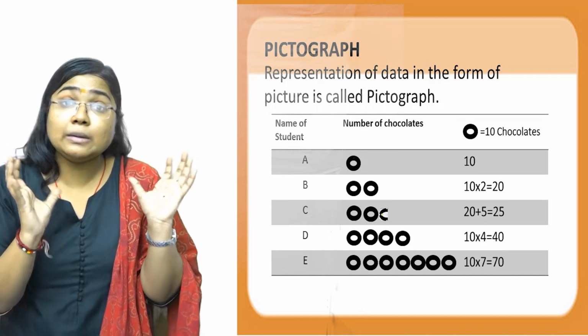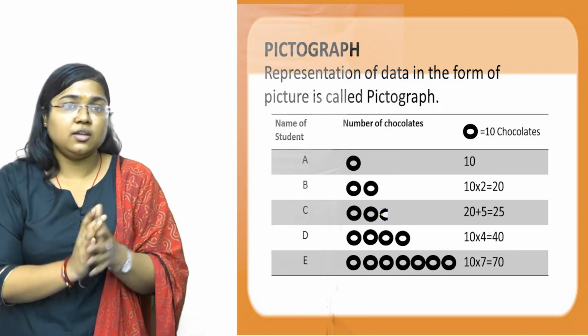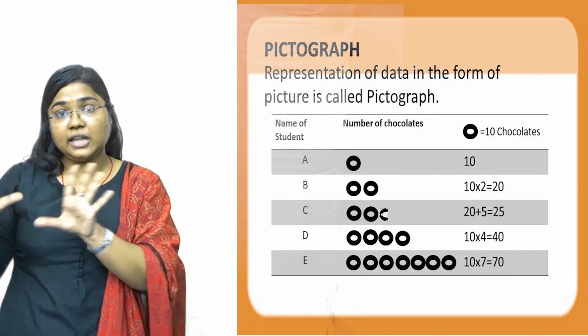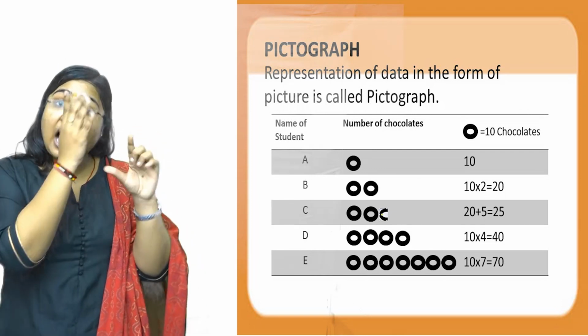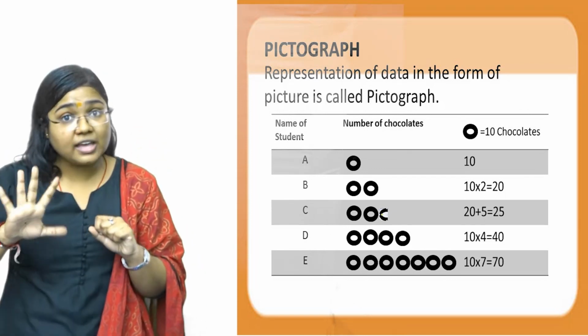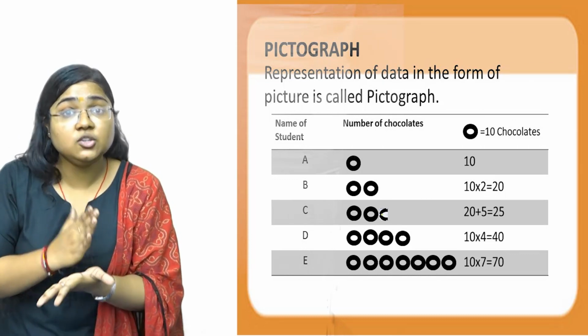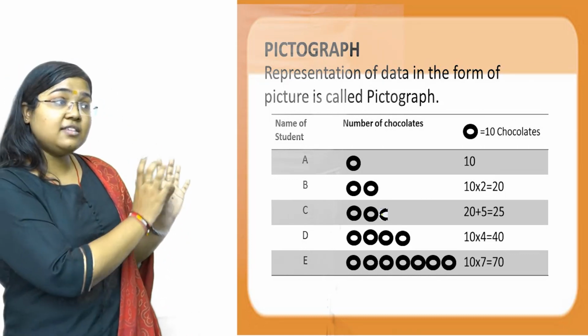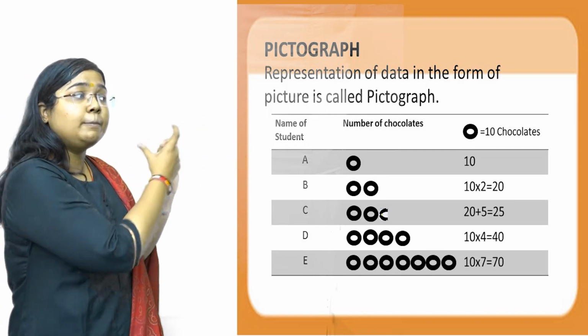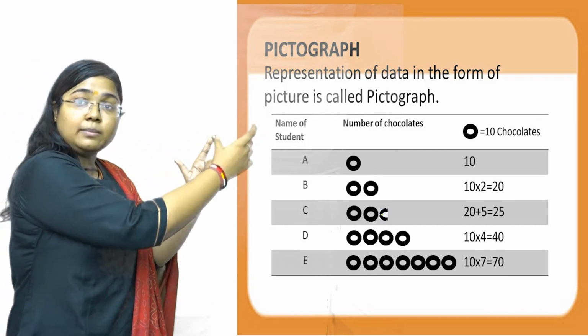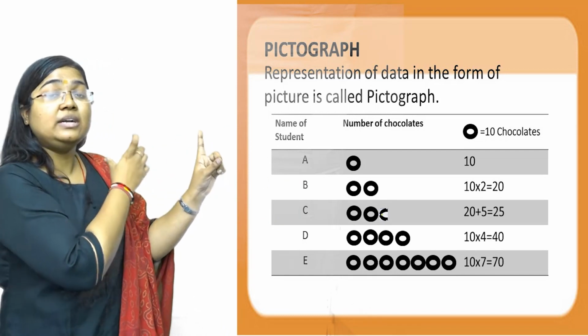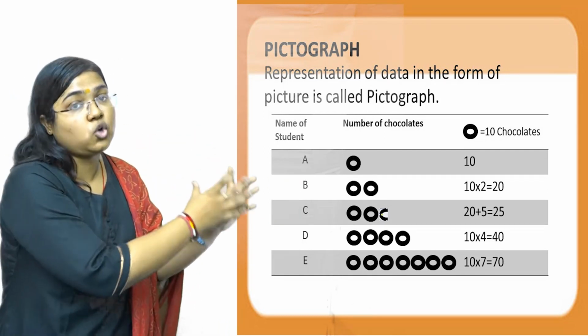What does this half circle represent? One circle represents 10 chocolates, so one half circle will represent 5 chocolates. We divide by exactly half, divide by 2. So student C has 2 full circles, that means 10 plus 10, and one half circle means 5. In all, student C has 25 chocolates.